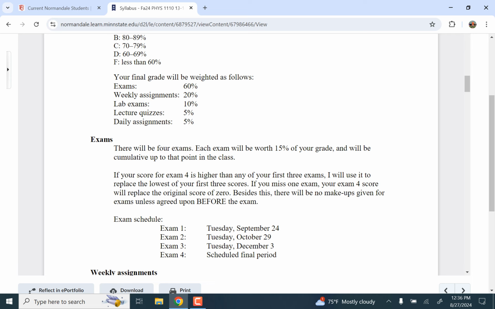So like say if you took exam 2 and you got 45% on it, you know, just whatever goes wrong, life happens, you didn't get to study, you studied the wrong stuff, you get 45%. And then later when you take the final, you get 90%. Then you get 90 for your score on the final, on exam 4, and you also get 90 instead of 45 for your exam 2 score. Okay.